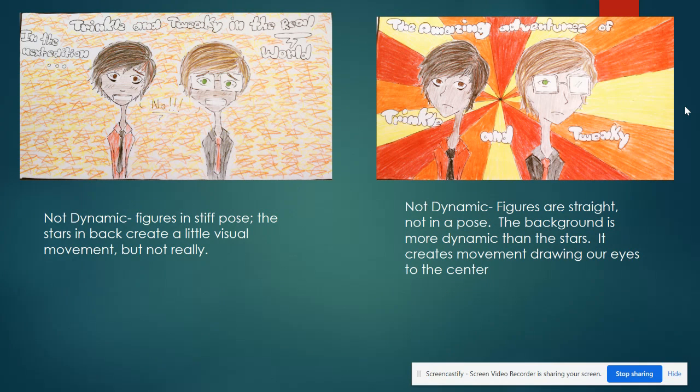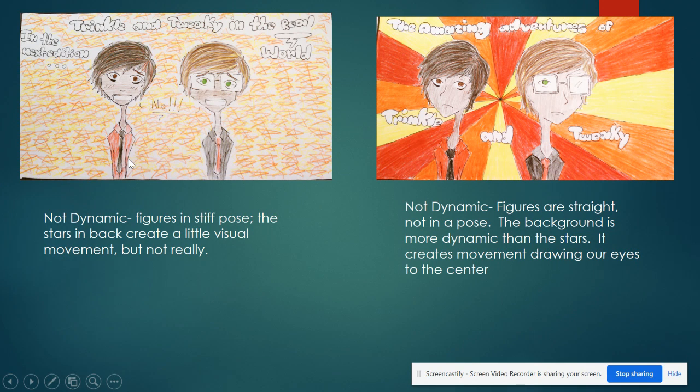So I wanted to show you some past student work. These two are from the comic book assignment from years ago. These are two different pages from the comic, but I wanted to explain to you that these two are both not dynamic. The one on the left, the poses of the figures, they're standing straight, arms to their side.